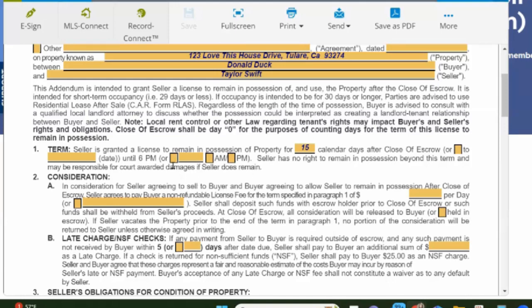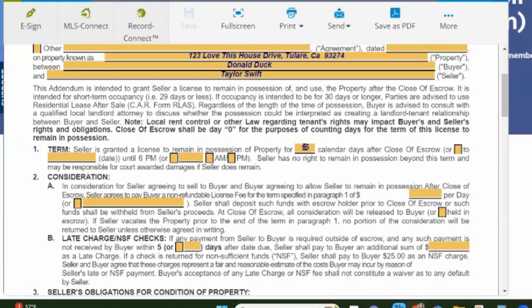All right. So we get to put in that the seller is granted a license to remain in possession for a certain number of calendar days or a specific date. And sometimes escrow gets pushed back a little bit. So if we close 3 days later, we want to make sure that we didn't put a date to give them 3 days, because now our date is no longer accurate. It no longer gives them those 3 days.